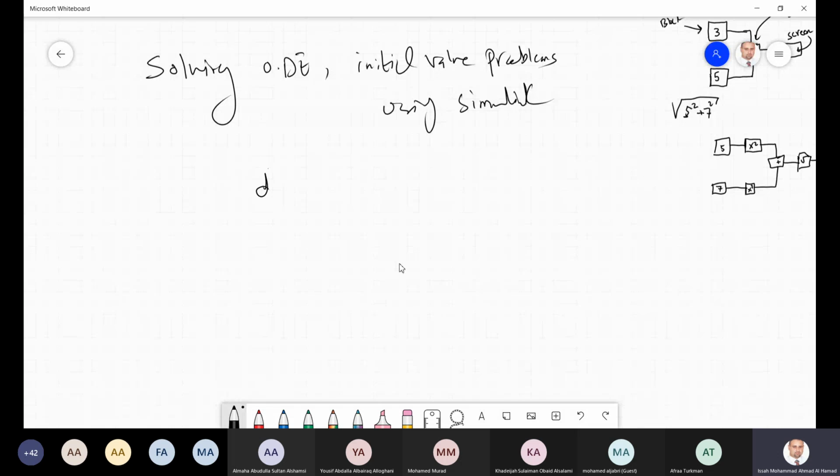Suppose you have d square y over dt square plus dy over dt equals to 0.